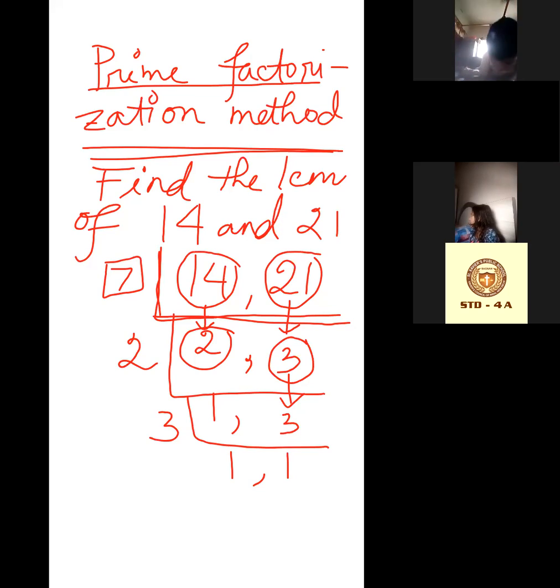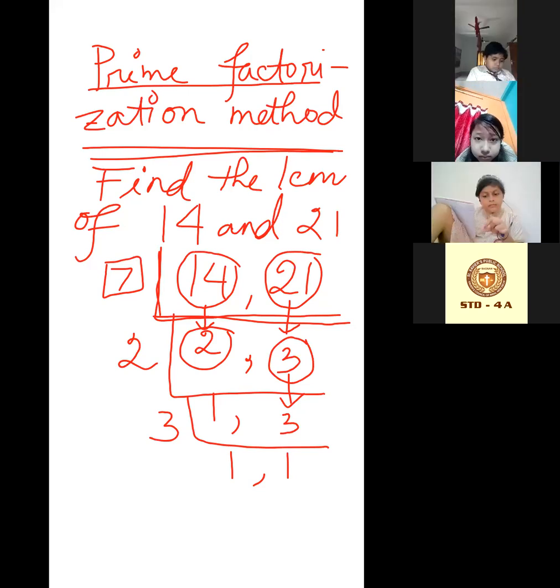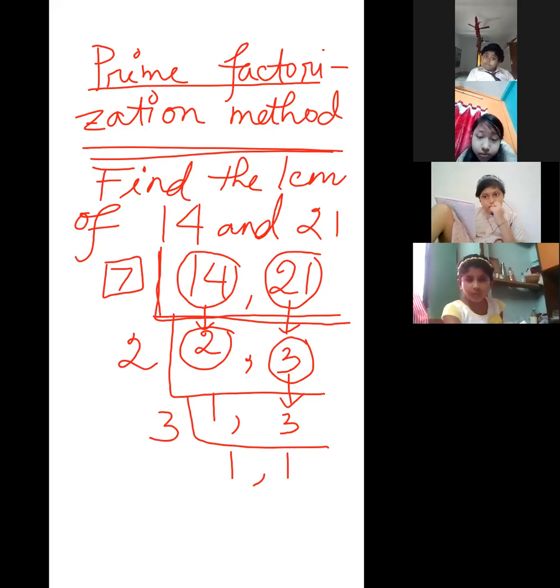Okay, as your camera is automatically off, you will respond by saying okay, ma'am. Acha, both of you, Oishani, Obhipsha? Yes, ma'am. Okay. Farzana? Pratibha, got it? Okay, okay. Acha, Anjum is there?